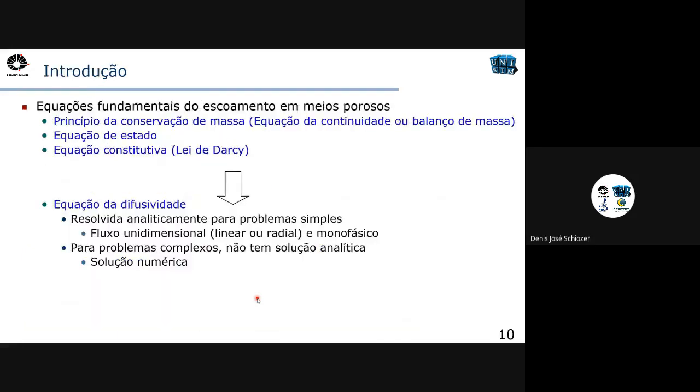So this I can jump. The basic equations we are running are conservation of mass in these blocks that I showed in the previous slides.